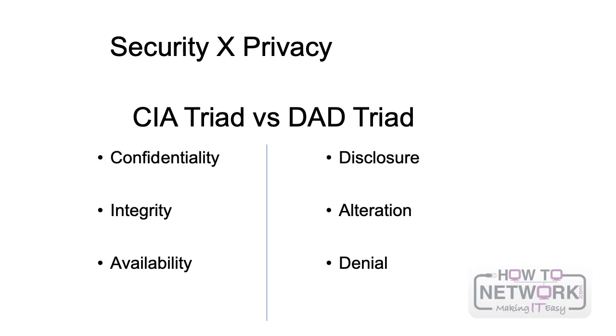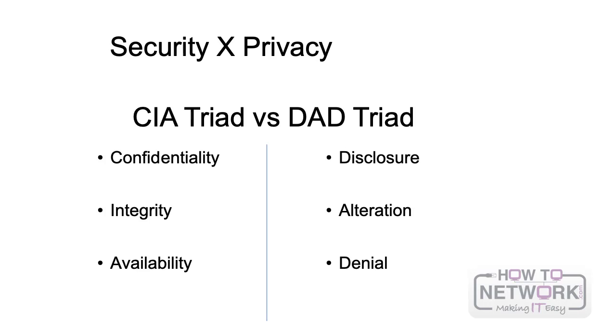So confidentiality is a concept that wants to guarantee that only those that are supposed to access the data, access that information, are actually going to access that specific information. So third parties that are not supposed to access that won't. Integrity focuses on guaranteeing that the data that is being stored or transmitted will not be altered, will not be tampered with.